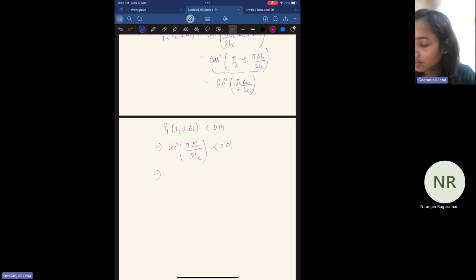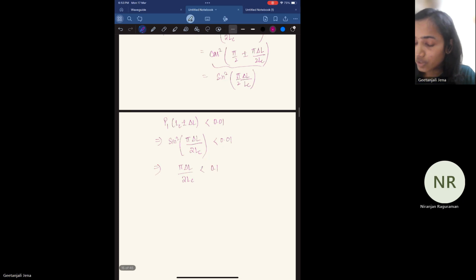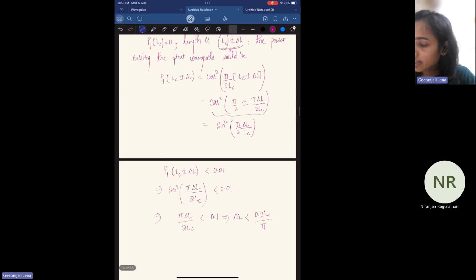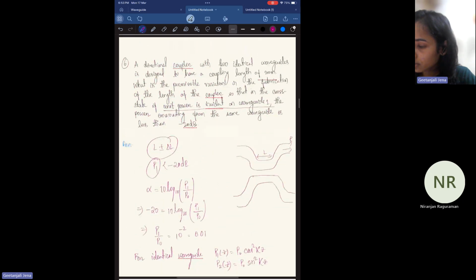If you take the square root on the other side, pi delta L by 2 LC should be less than 0.1. So that means delta L is 0.2 LC by pi.